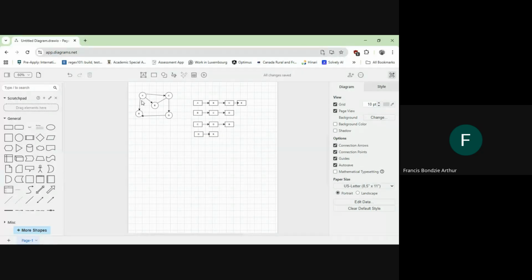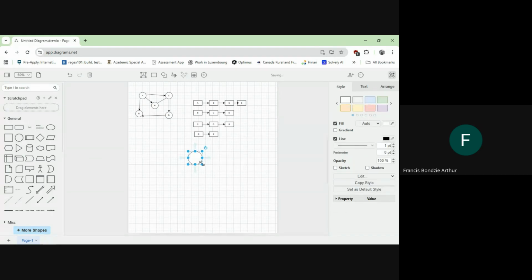And B is also connecting to C. And C is connecting to E. So my own difference is that A is not connecting to E. But then the other ones are correct.